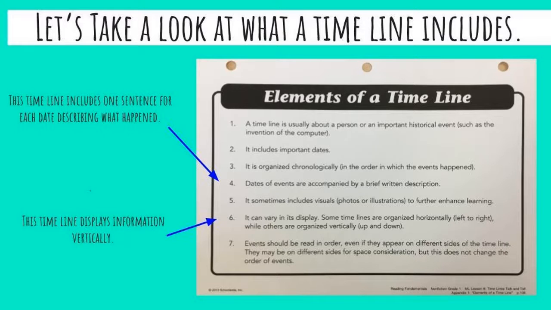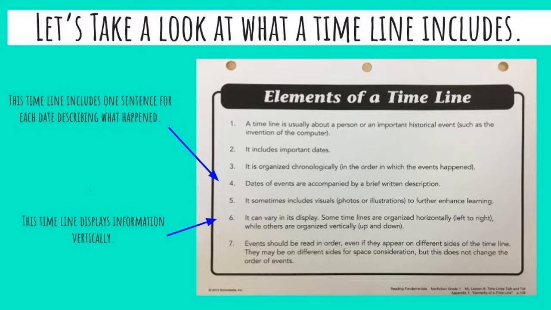So let's refer back to our anchor chart of the elements of a timeline. In our timeline, we know that our dates of events are accompanied by a brief description. For instance, in 1904, Dr. Seuss was born. In 1925, Dr. Seuss's first cartoon was published. So there's the date with a description next to it.